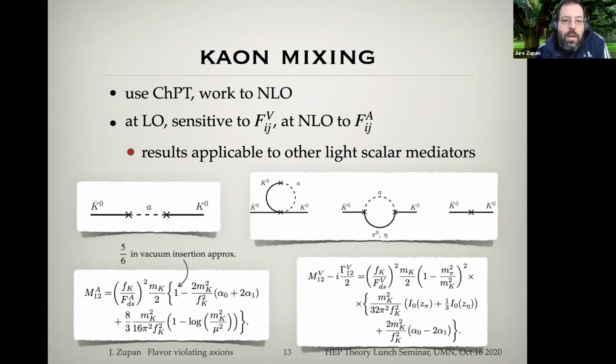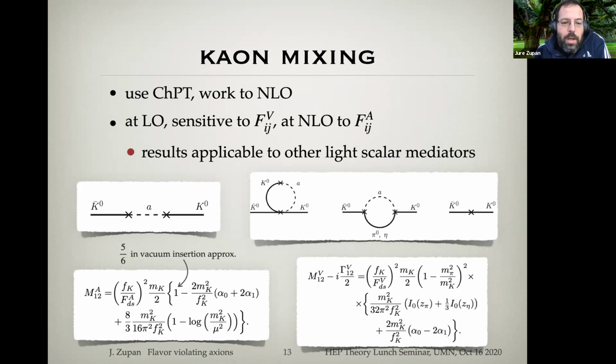All right. So let's say for kaon mixing, the ChPT would organize all the terms for you. The tree-level exchange of the axion would be order p squared, and then there are order p to the 4 terms that come from one-loop exchanges.